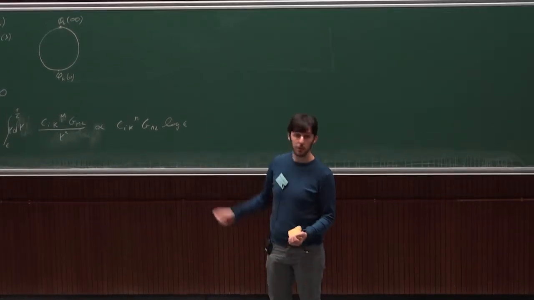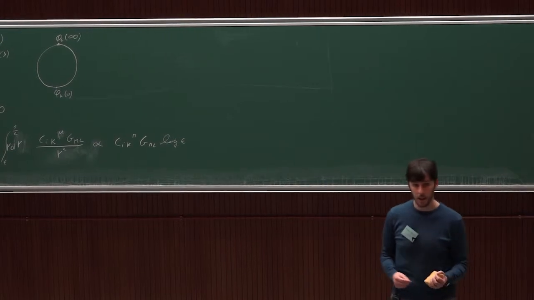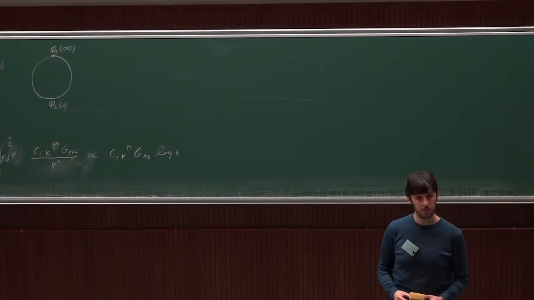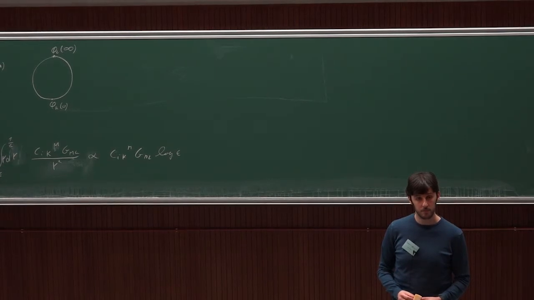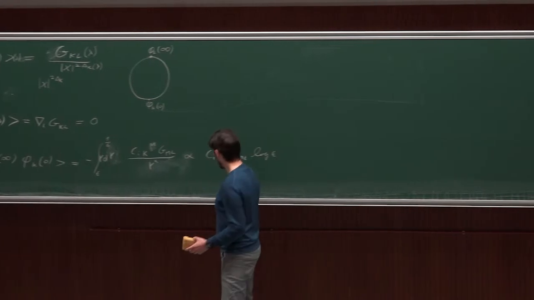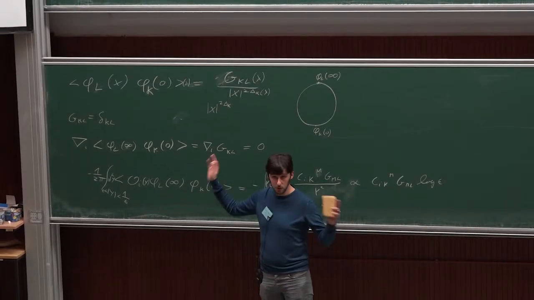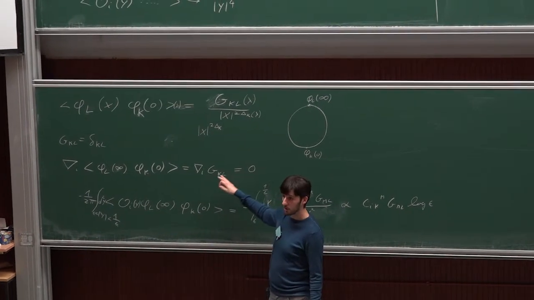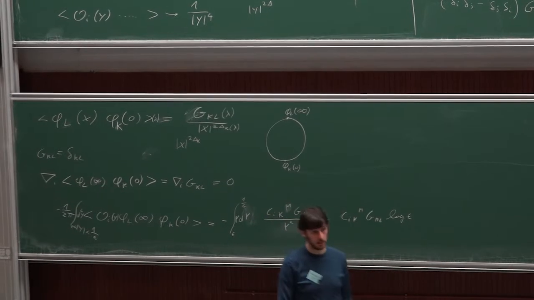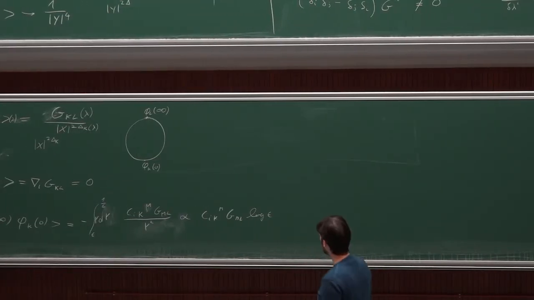Wouldn't this give me some finite piece? Yes, it would. This would be a different scheme, and this would lead to a different connection with different properties. What I'm showing here is that this connection, this scheme, is compatible with this particular two-point function coefficient, which is a very nice property.